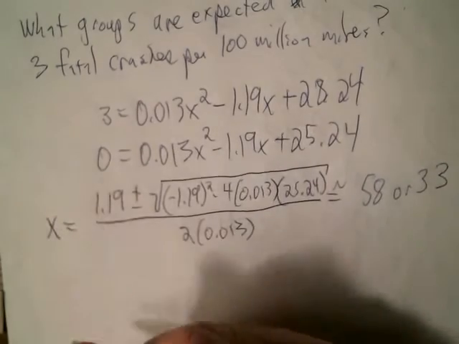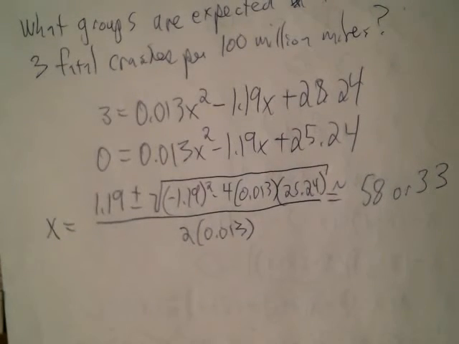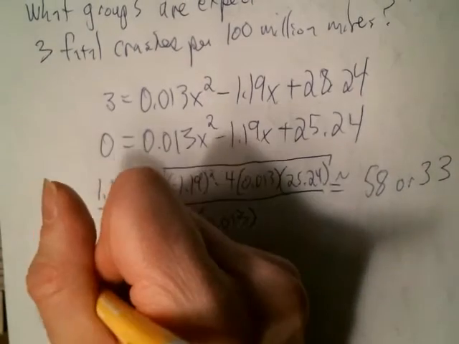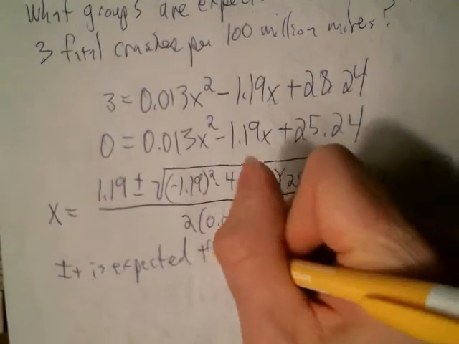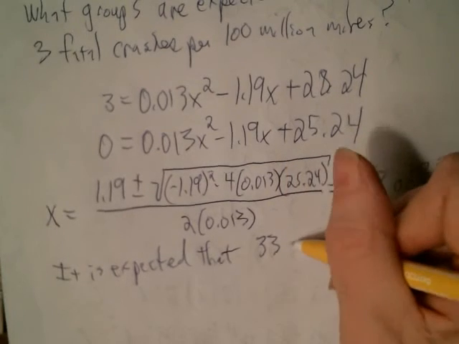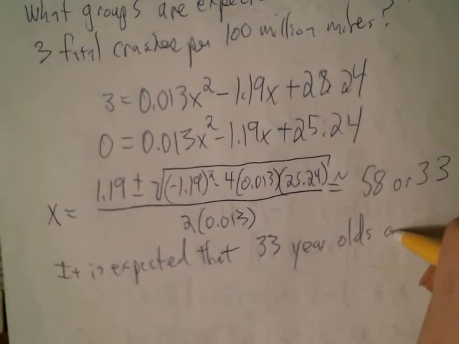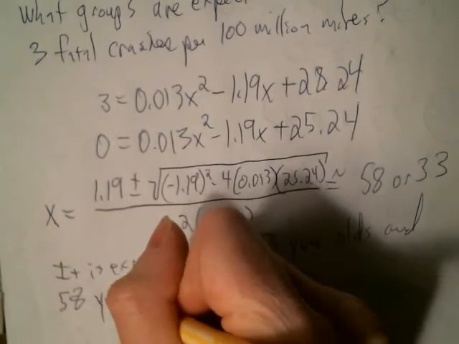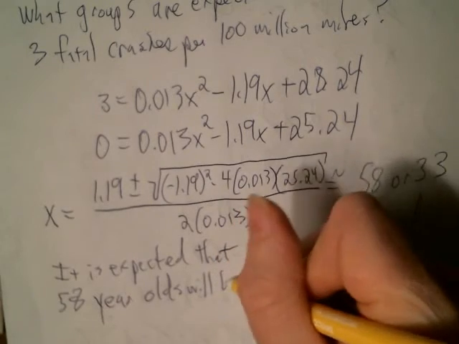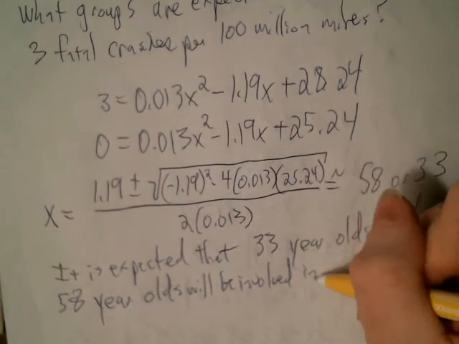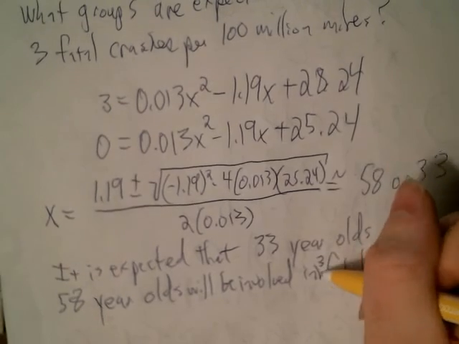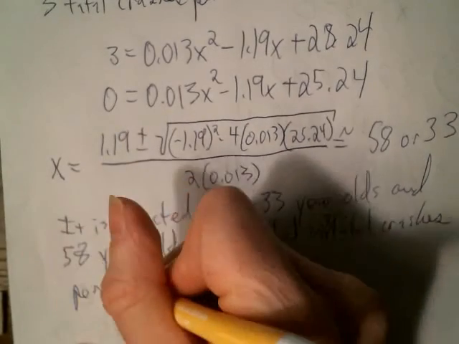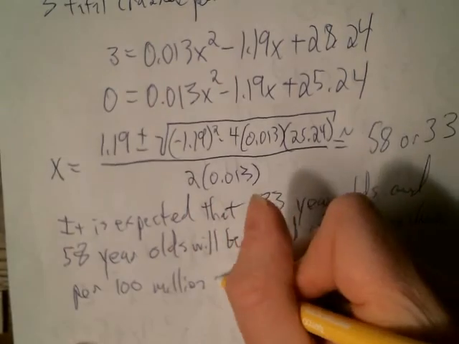So it's expected that 58-year-olds or 33-year-olds will be involved in 3 fatal crashes per 100 million miles.